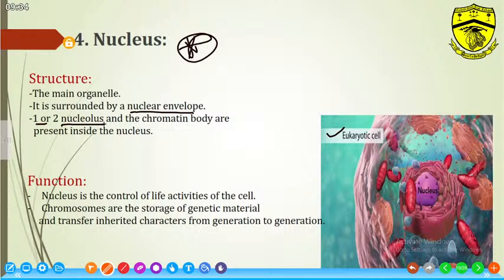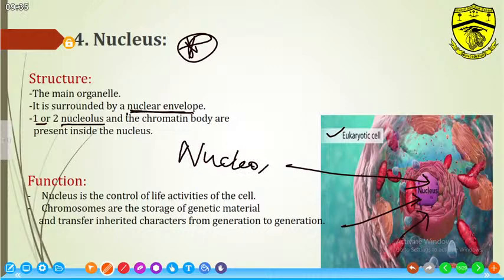In here, the bilayer or nuclear envelope is also present in it. The chromatin is also present in it. The chromatin part, and one or two nucleoli also present in it.